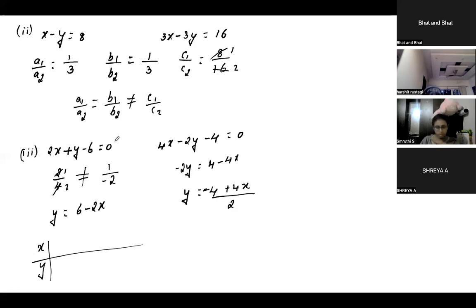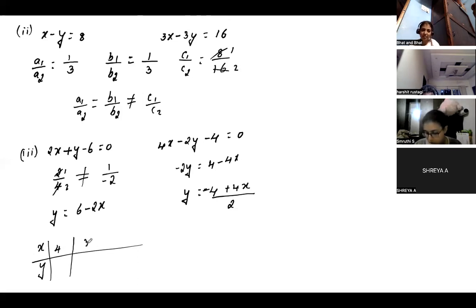Are people done? So what values did you take for x and y? I took for the first one 4, 3, 2, and for the second one, I took 3, 4, 2. So you got what value for y?